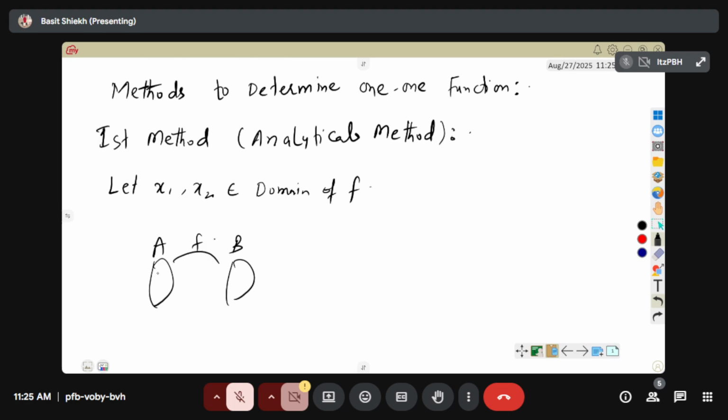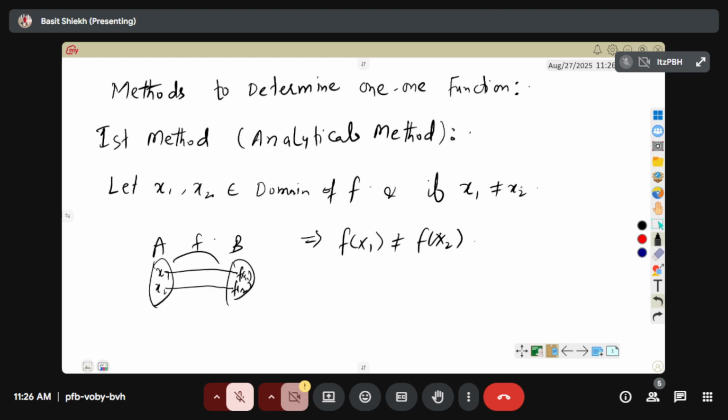This is the domain, x1, x2 belong here. And if x1 is not equal to x2, these are different points in the domain of our function, implies f of x1 not equal to f of x2. Obviously, there will be some image here. This will be f of x1 and this will be f of x2.